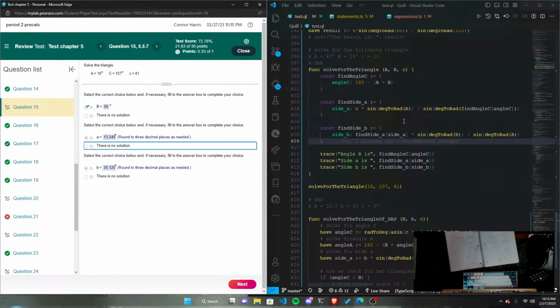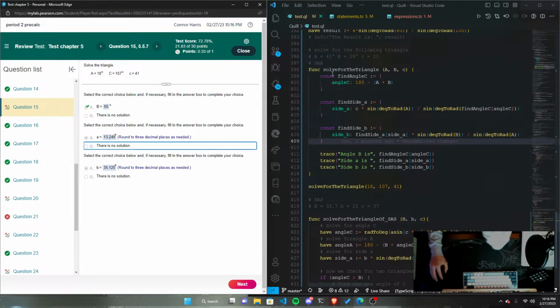Okay, which means now we can multiply by 41 over sine of 107. Okay, yes, that's what it is. So A is equal to sine of 18 over sine of 107 times 41.